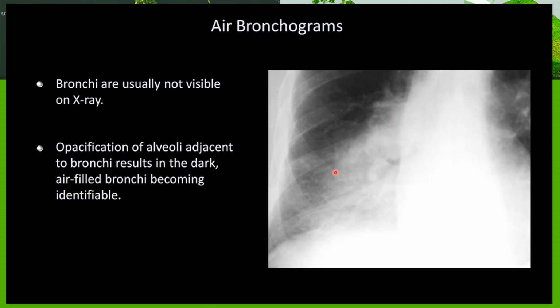This is the whitish radiodense opacity, and sometimes bronchi can be seen. They are still air filled. So some of the bronchi can be seen in the middle or any site of the opacity, and that is known as an air bronchogram.